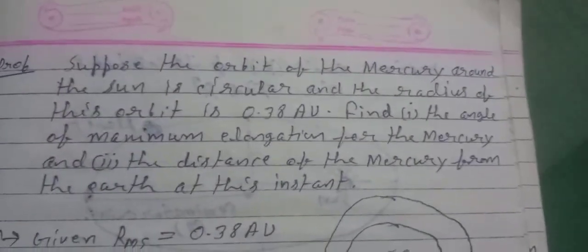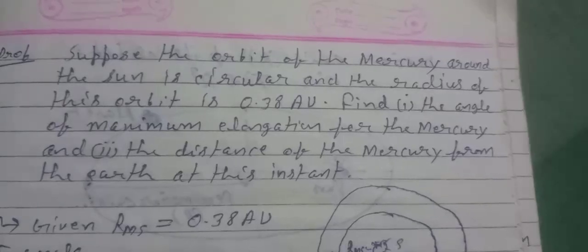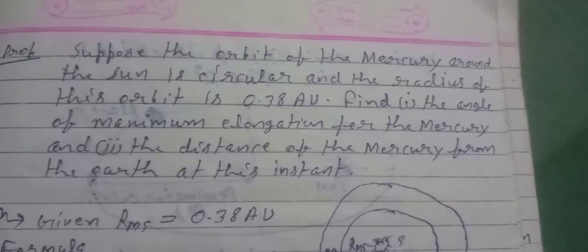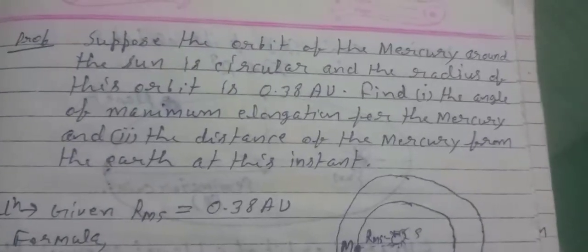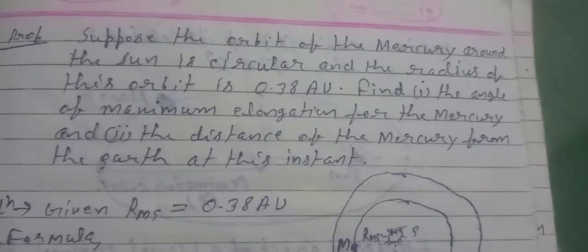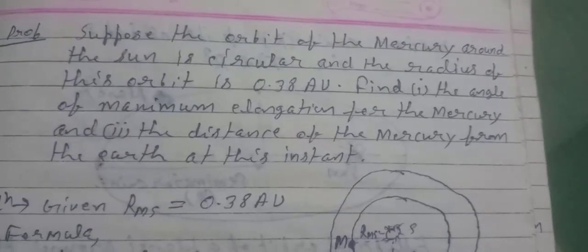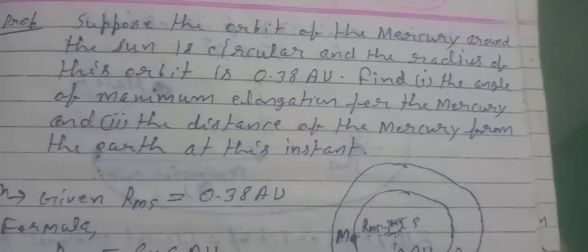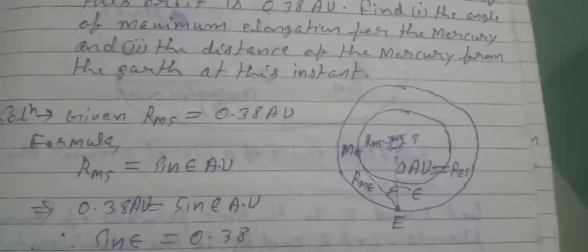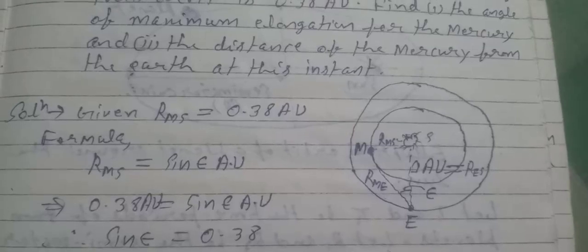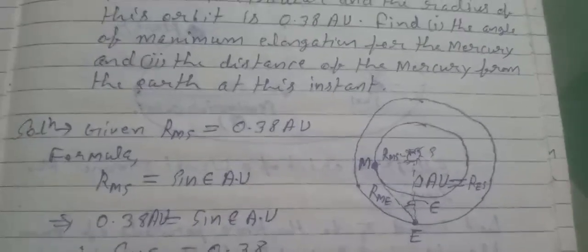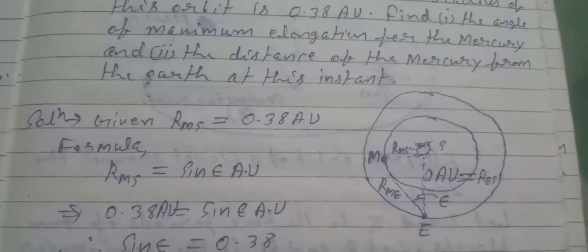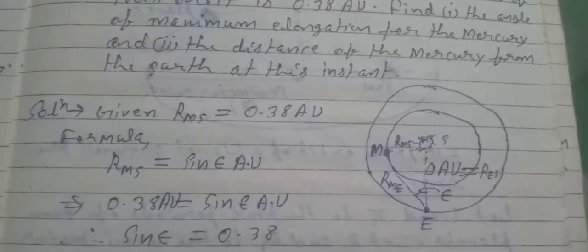Suppose the orbit of the Mercury around the Sun is circular and the radius of this orbit is 0.38 astronomical unit. Find 1, the angle of maximum elongation for the Mercury, and 2, the distance of the Mercury from the Earth at this instant. Here R_MS, distance between Mercury and Sun, is given as 0.38 astronomical unit.